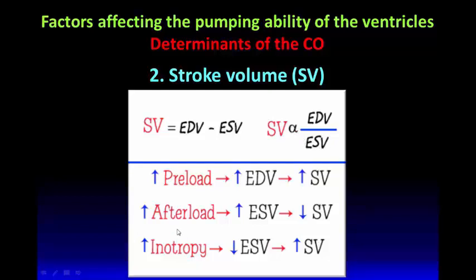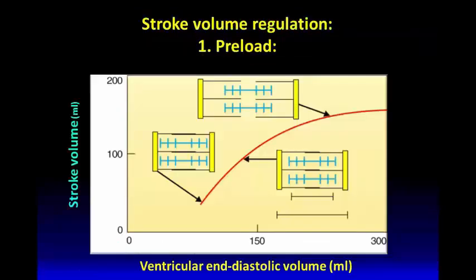An increase in the inotropic state of the myocardium decreases the end systolic volume and hence increases stroke volume. This is how these three factors affect the stroke volume in short. And now we shall describe how these factors regulate the stroke volume in more detail. And let's begin with the preload.